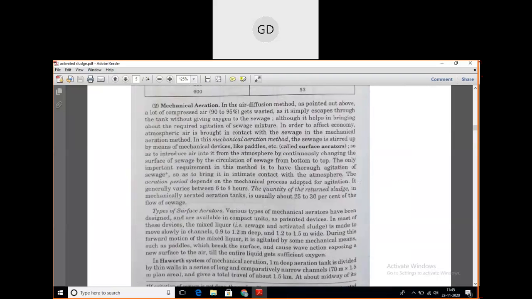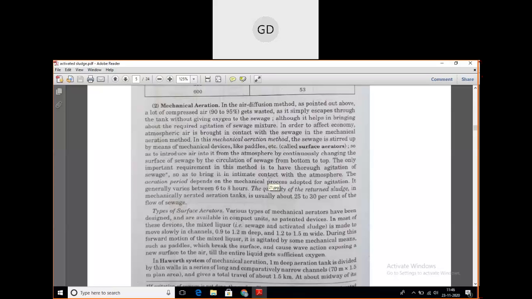The only important requirement in this method is to have thorough agitation of the sewage so as to bring it in intimate contact with the atmosphere. The aeration period depends upon the mechanical process adopted for agitation.